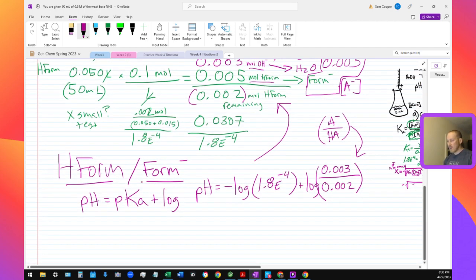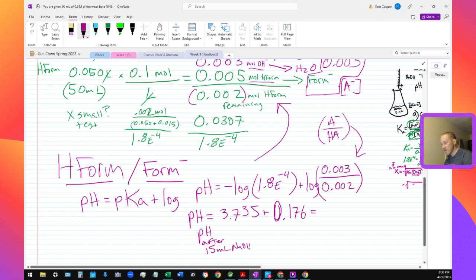And if we begin to do this on math a little bit, it turns out that the negative log of this and the log of that ratio equals 3.735 plus, sorry, it was 0.176, which equals the pH after 15 mL of NaOH.